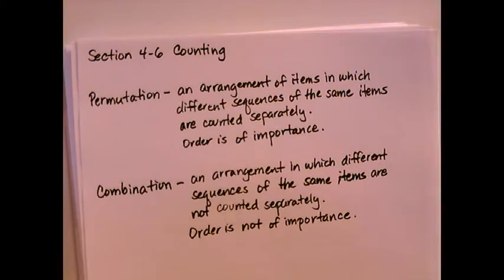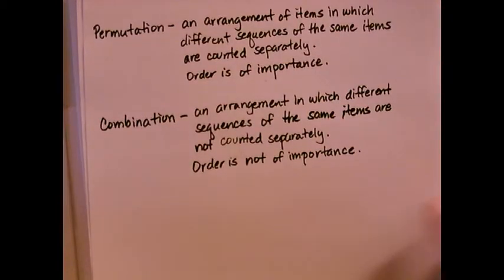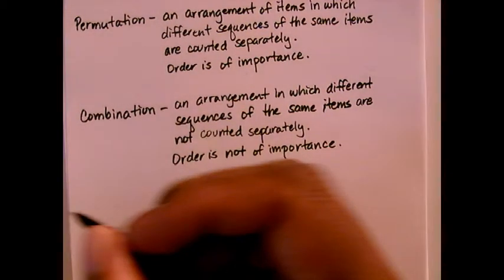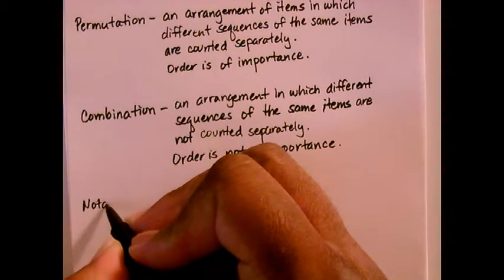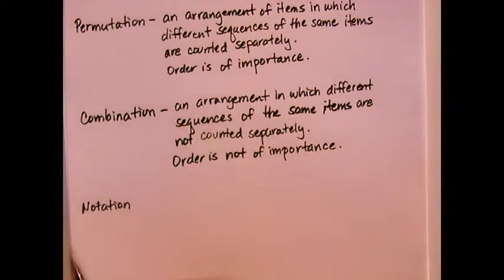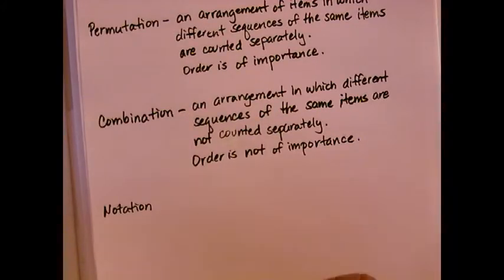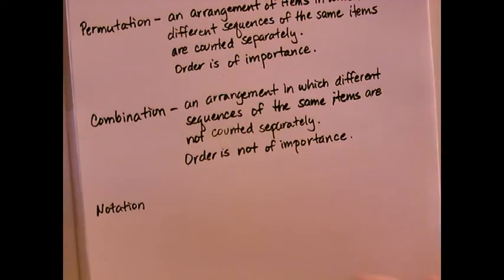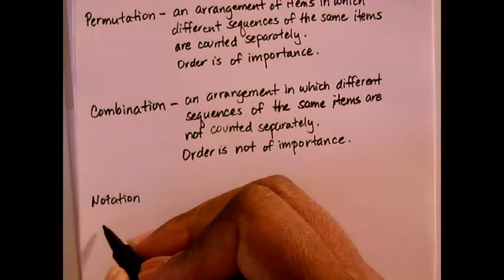Alright, the next thing we'll talk about is some of the notation that is used in permutations and combinations. So let me give you the notation here. Alright, the notation.